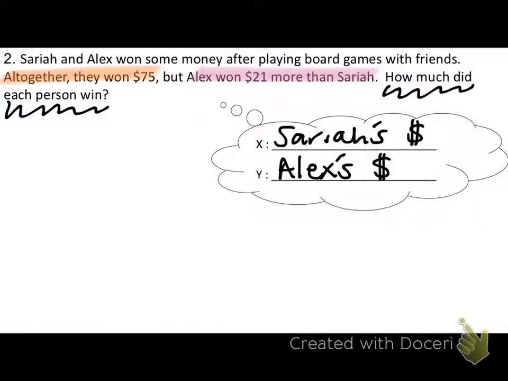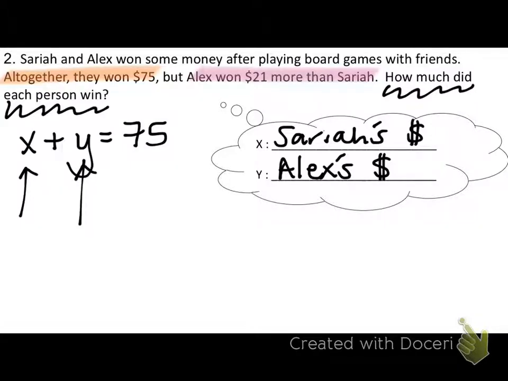It should make $75. This is Soraya's money, and this is Alex's money. It says altogether, which means add them up, they made $75. That right there is our orange equation.